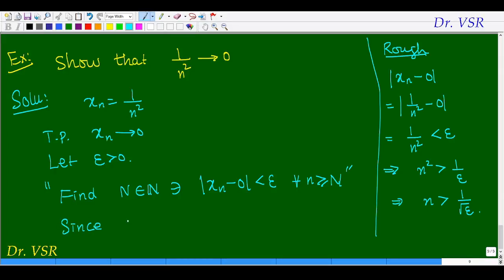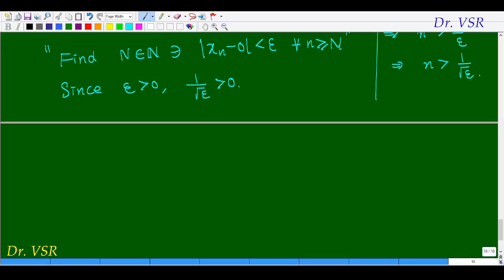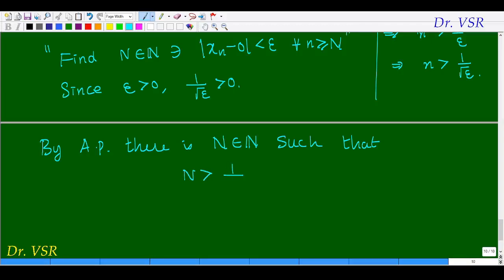Since epsilon is positive, 1 by root epsilon is positive. By the Archimedean principle, there is a natural number capital N which is always greater than 1 by root epsilon.